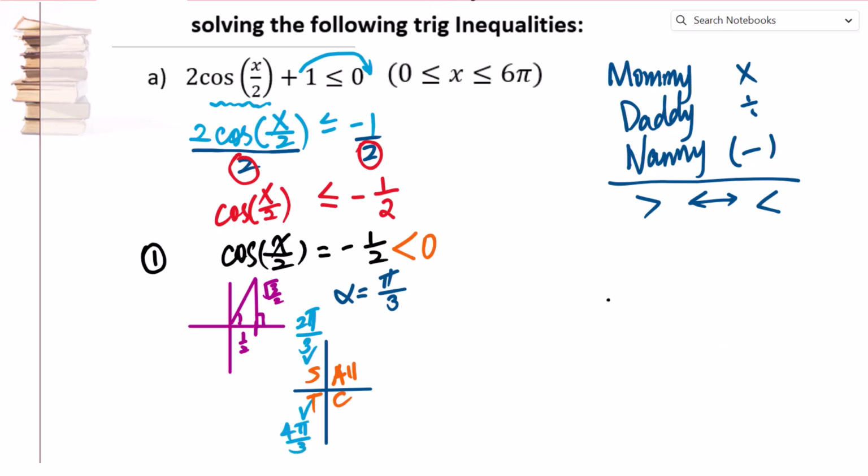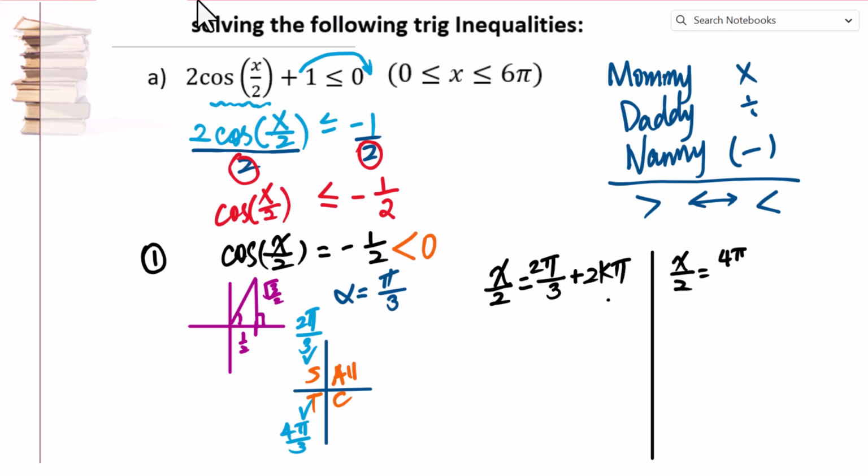Since the domain is between 0 and 6 pi, we need to use the all solutions format to figure out all angles between 0 and 6 pi. So we have x over 2 equals 2 pi over 3 plus 2k pi, and x over 2 equals 4 pi over 3 plus 2k pi, where k is all integers.